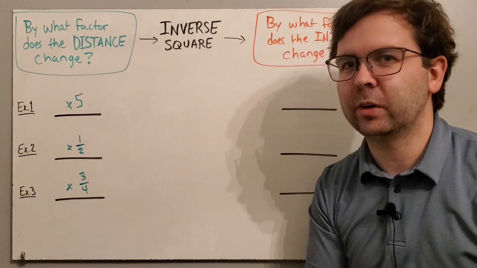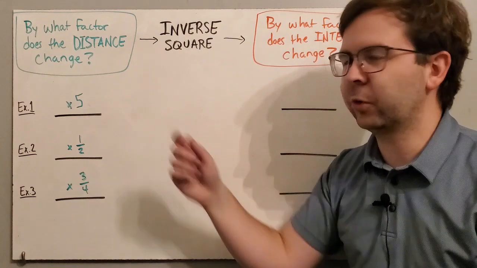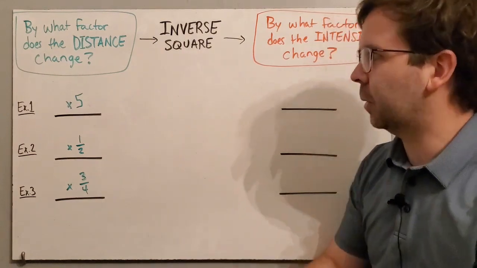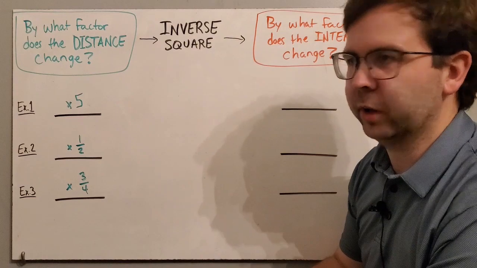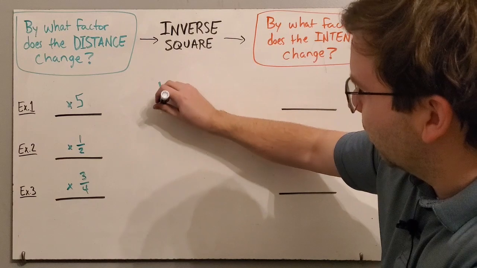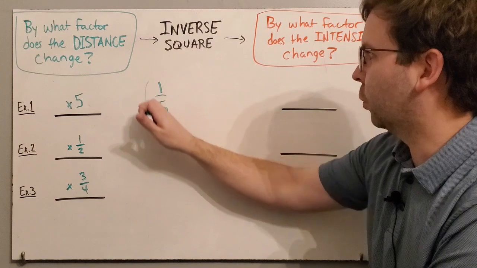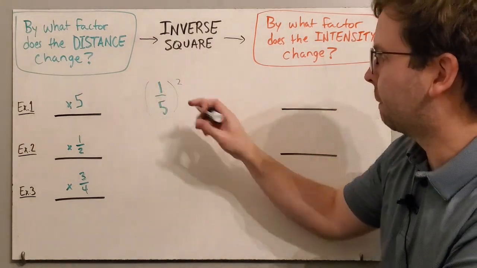To find the answer, you simply just do exactly what the law is called. You do the inverse square of 5. And what I mean by that is 5 becomes inverted. So instead of 5, it's going to be 1/5. That's the inverse of 5. And then you take the square. So you take 1/5 and you square it.